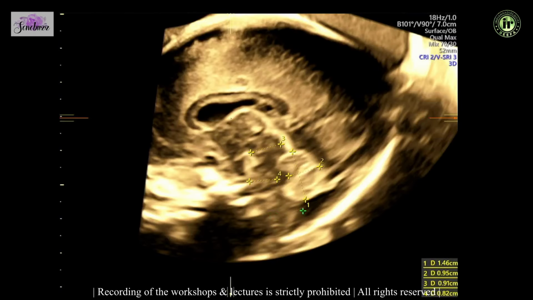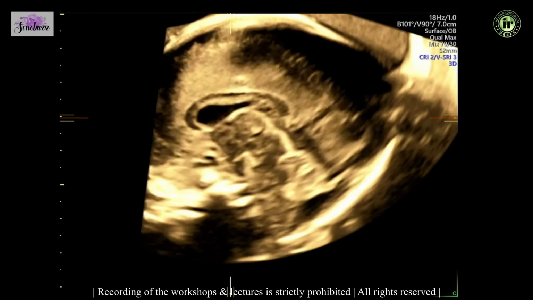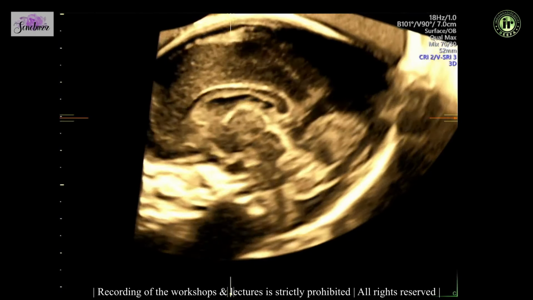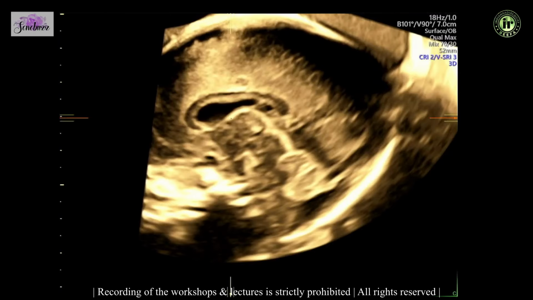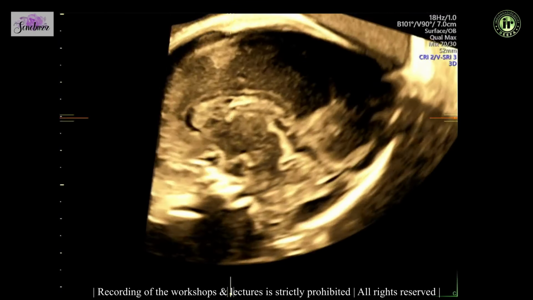And you can see the cisterna magna is here at that level here. You can also scroll through this image and get a perfect image. And then we can also take some angles.